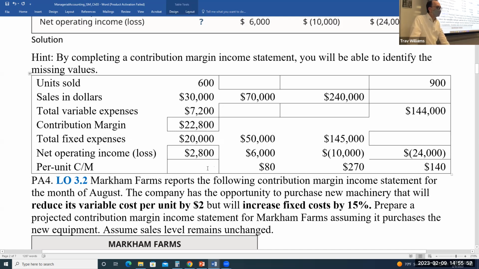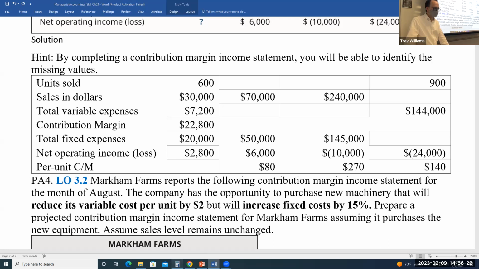How do we get our per unit contribution margin? The contribution margin divided by the units.